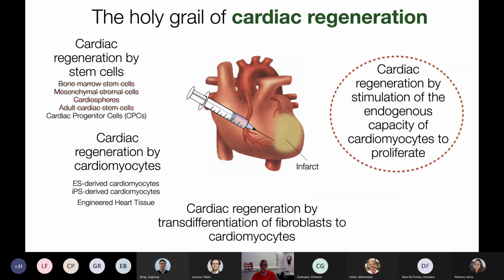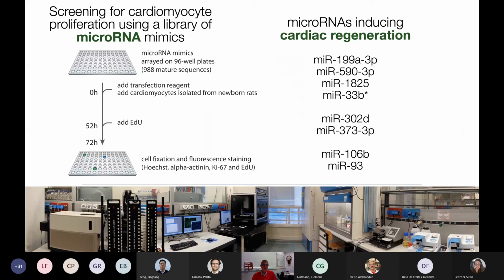So the idea here was to find microRNAs that induce cardiomyocyte proliferation. The screening here was a screening in which we reverse transfected microRNA on 96 well plates, with lipids. Then we took primary cardiomyocytes from rats, plated on top of the microRNAs, and then added an analog of thymidine, which can be either BRDU or EDU, that is incorporated into cells when the cells duplicate their DNA.